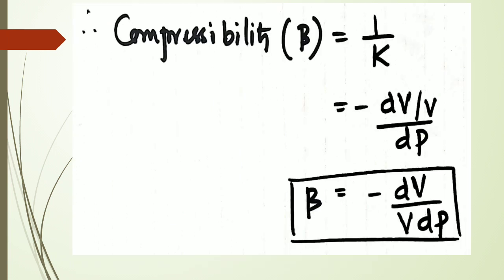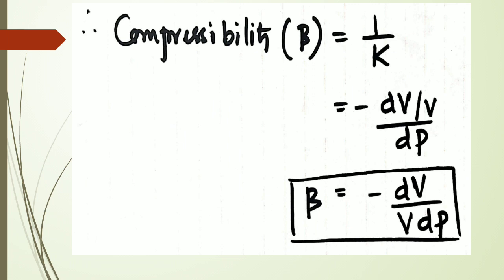Compressibility, on the other hand, beta, is the reciprocal of bulk modulus, so beta is equal to minus dV by V by dP. That is how the compressibility and the bulk modulus are interrelated in fluid mechanics.